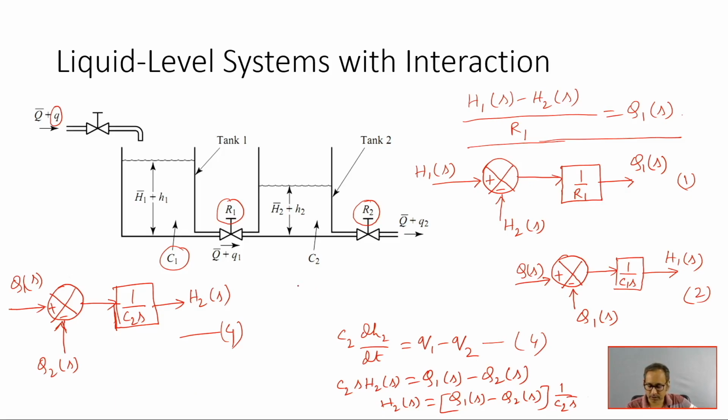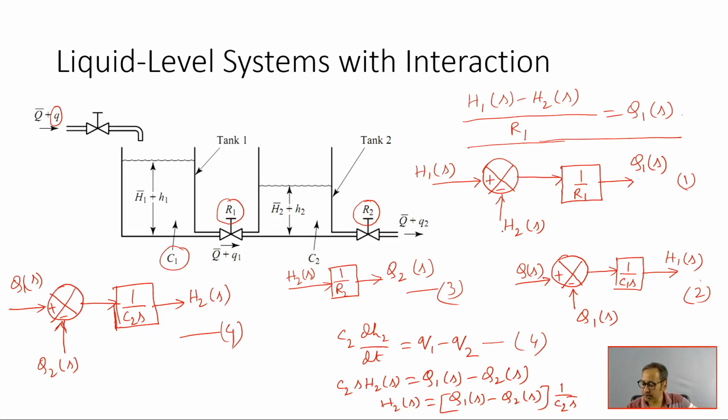So, once again I am drawing this, which is actually the simplest part. One by R2 gives Q2(s). So, this is from equation 3. So, you have got the 4 block diagrams. Now, you can notice the interconnectivity. See, H1 is output here and H1 is input here.